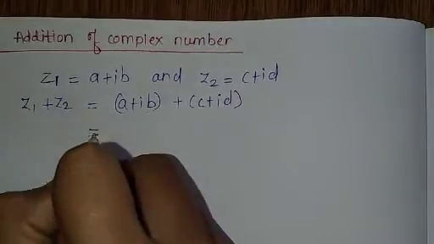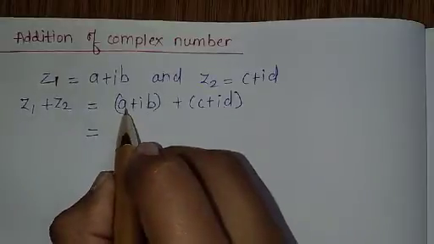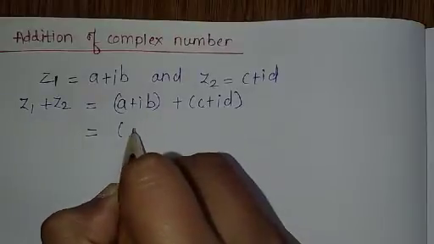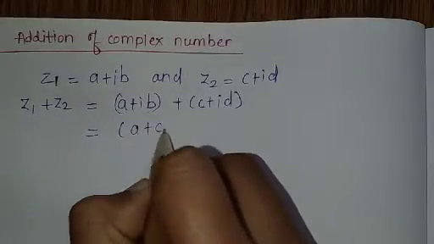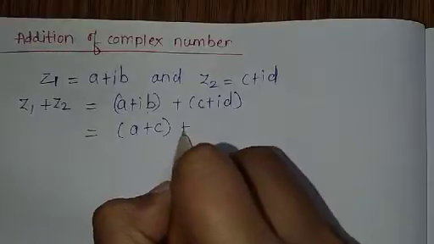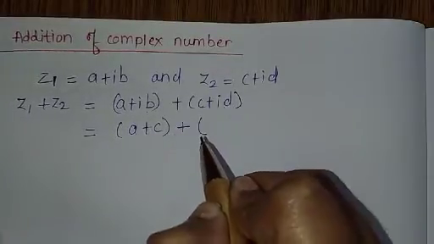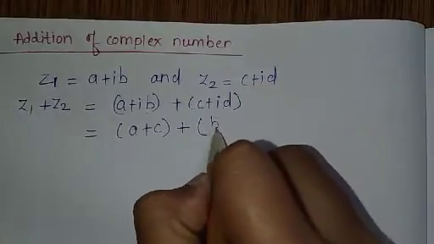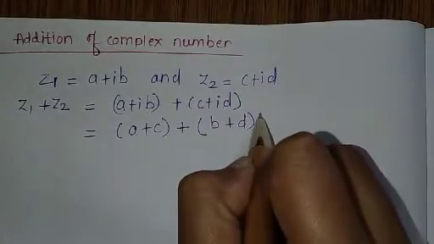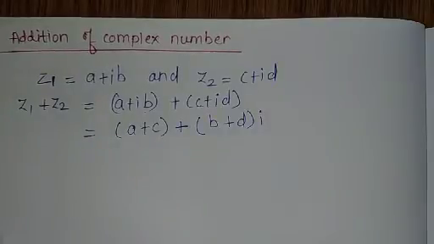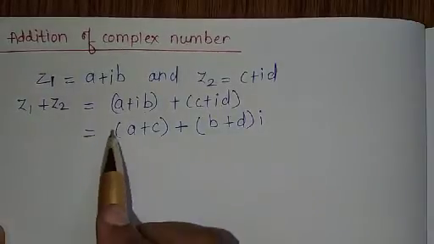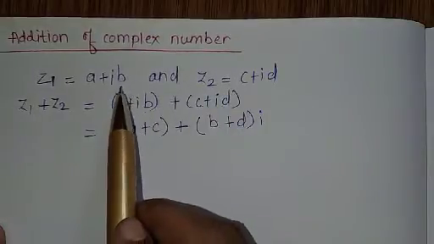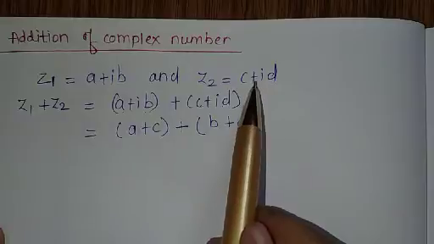Therefore, A and C are real parts, so we have to add these two real parts, A plus C, and in another bracket addition of two imaginary numbers, that is B plus D iota. So simply here we have to add two real numbers together and two imaginary numbers together.